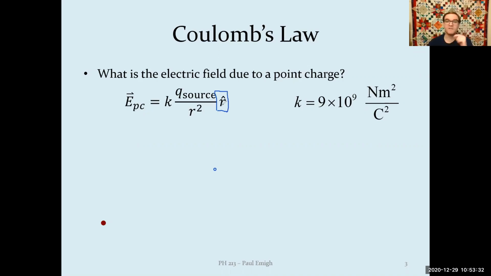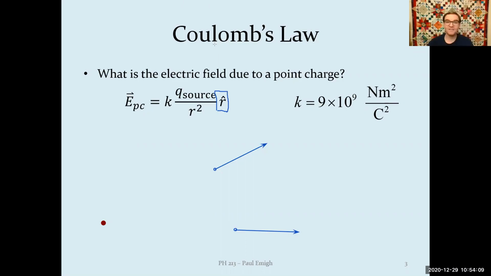That r hat vector is the vector that points from the location of the source charge, which is the red dot here, to the position of the field point, the place where we're finding the electric field. So if I were to draw that direction here, it would point that way, right? Away from the red point towards the blue point. If I'd chosen a blue point that was somewhere else, maybe down here, I'd get an electric field that points in a different direction. This would be more like that. So that's the direction of the electric field.